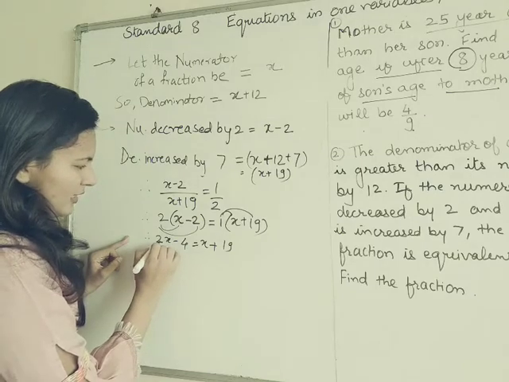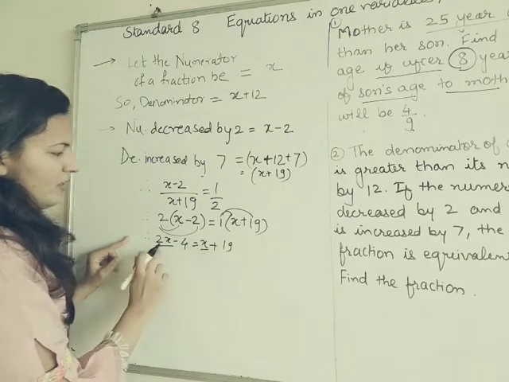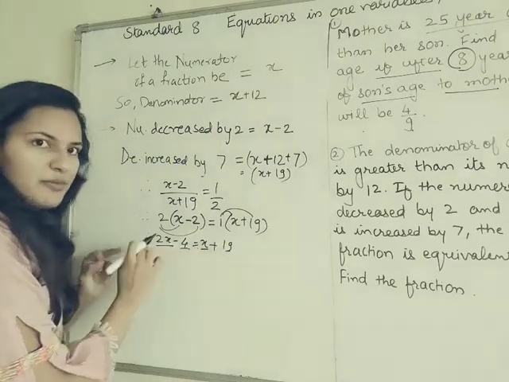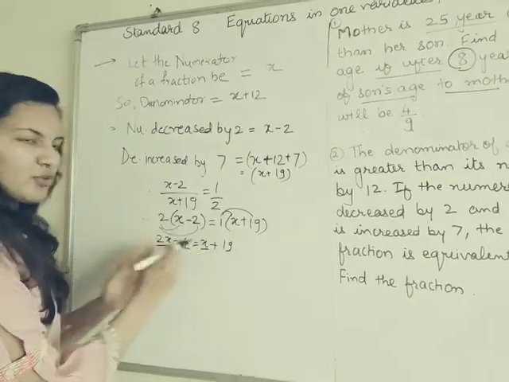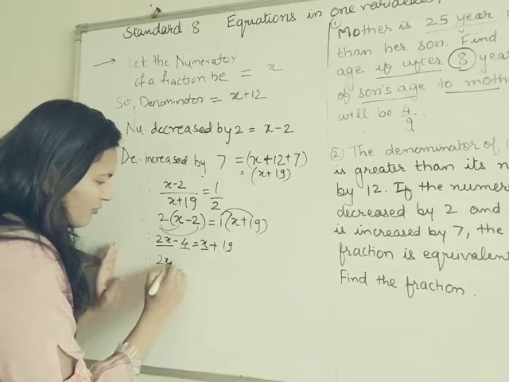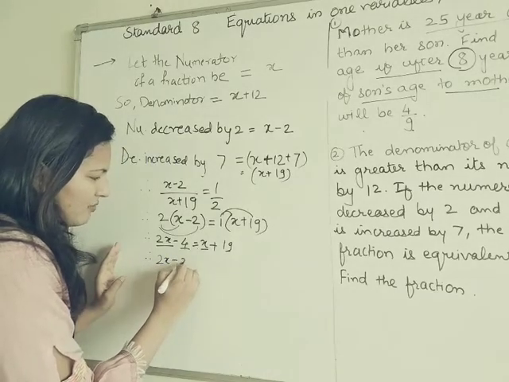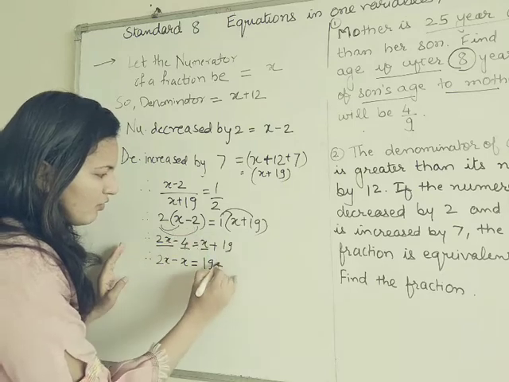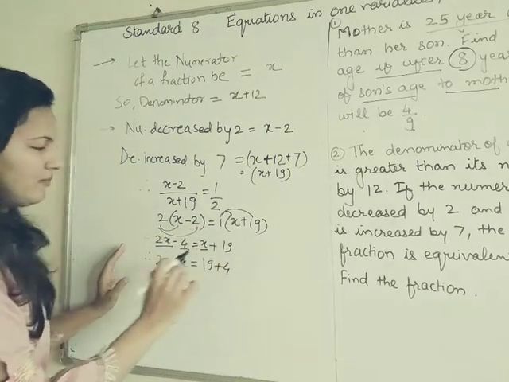So these are the like terms, 2x and x, and these are constants. So let's bring the like terms on one side. Let's bring x to the left hand side, so the sign will be changed. 2x minus x is equal to 19 plus 4, sign is changed.